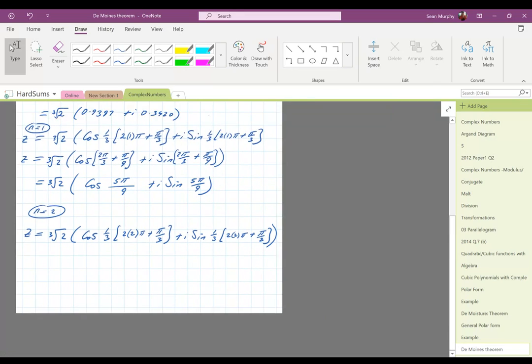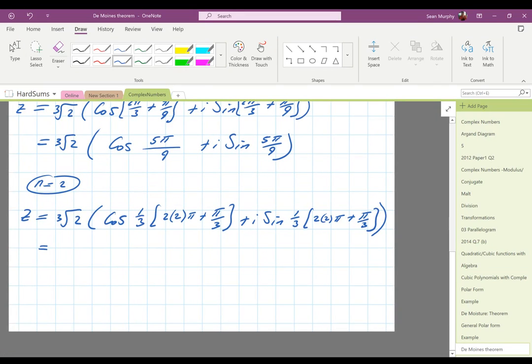And watch all your brackets again. So it's the cube root of 2 times the cos of a third into 4 pi plus pi over 3, plus i sine a third into 4 pi plus pi over 3.